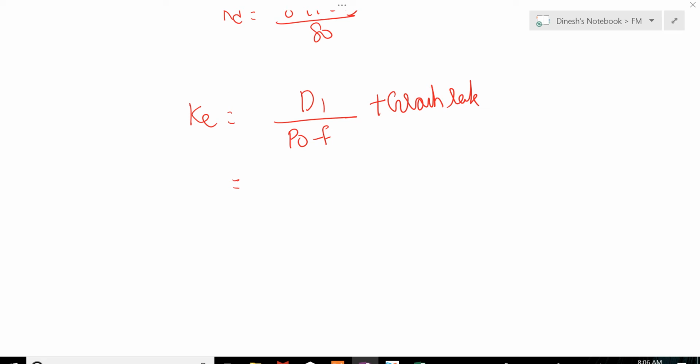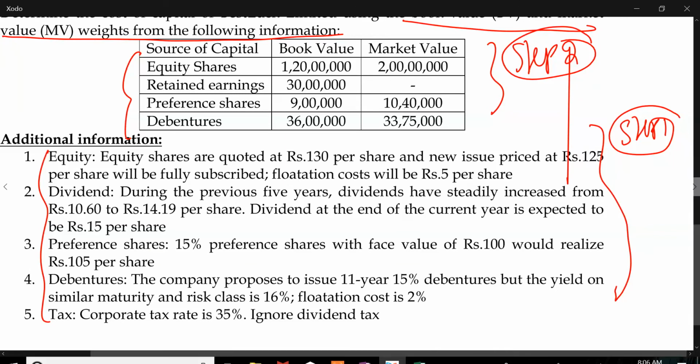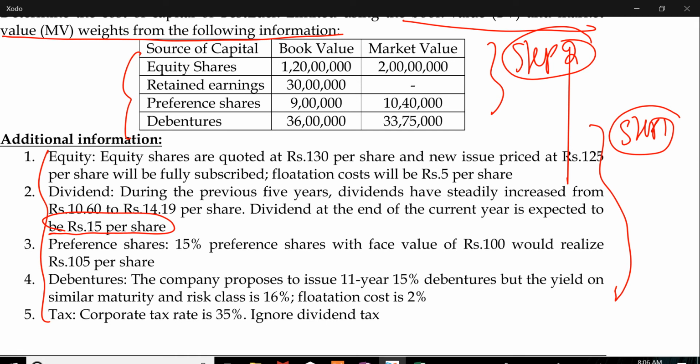Now KE is equal to D1 by P naught minus F. When it comes to D1, dividend at the end of the current year is what? 15. Listen for some time. Dividend at the end of current year is 15. Technically that is your D1, the dividend to be paid. Last 5 years dividends have grown. Now I need to find out what is the growth rate. Every year there is a growth which has been happening, and even at the end of the current year it is going to be 15.